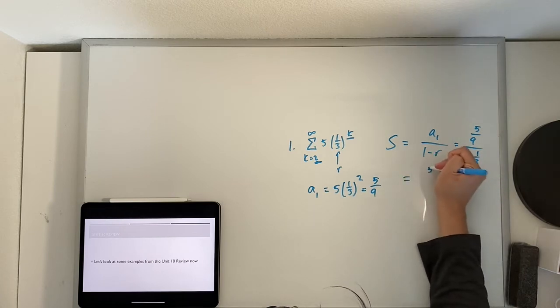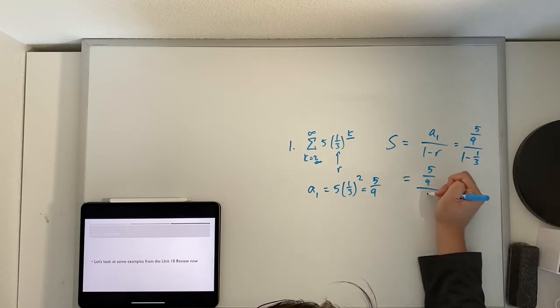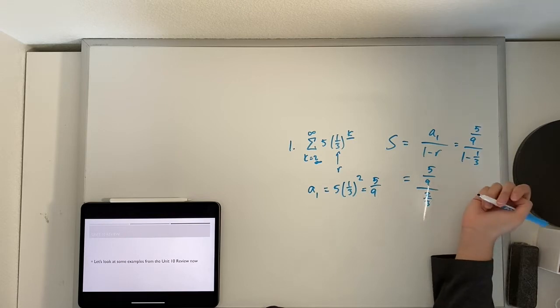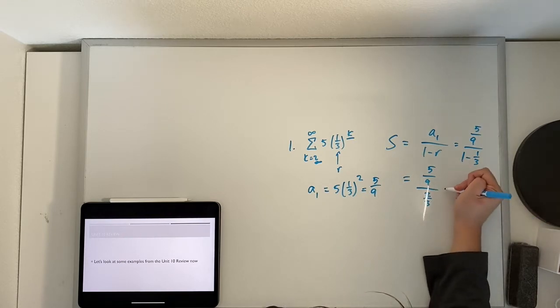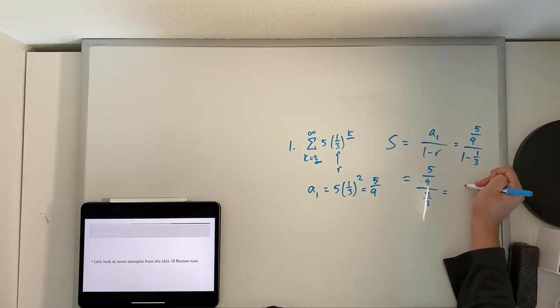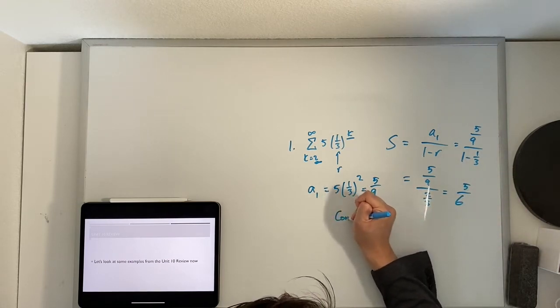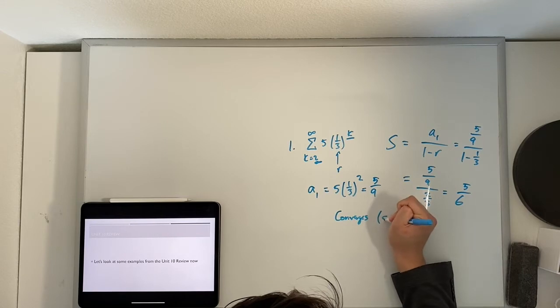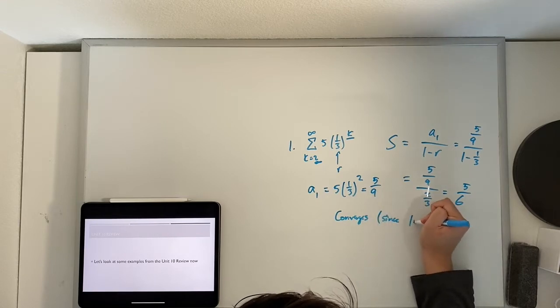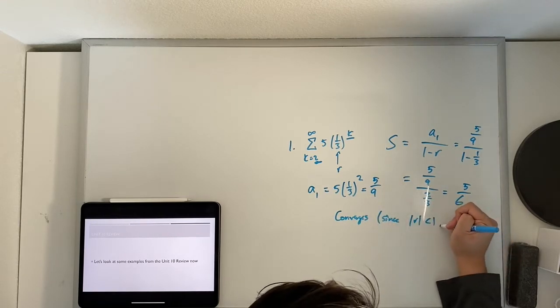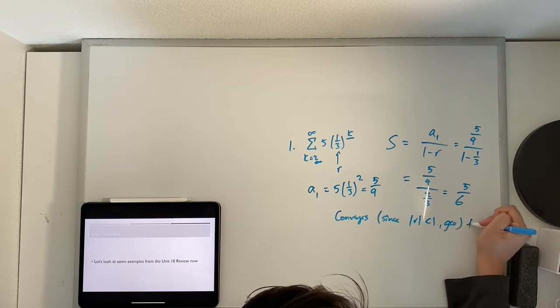This is 5 over 9 all over 2/3. Dividing by a fraction means multiplying by the reciprocal. Okay, so we do that and we simplify and we get 5 over 6. So this series converges, since the absolute value of r is less than 1 and it's geometric, to 5 over 6.